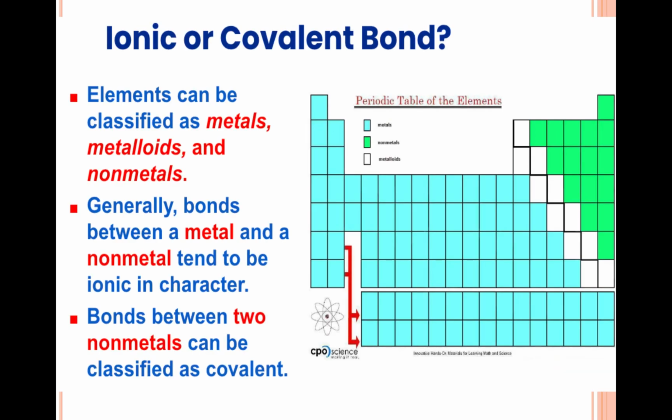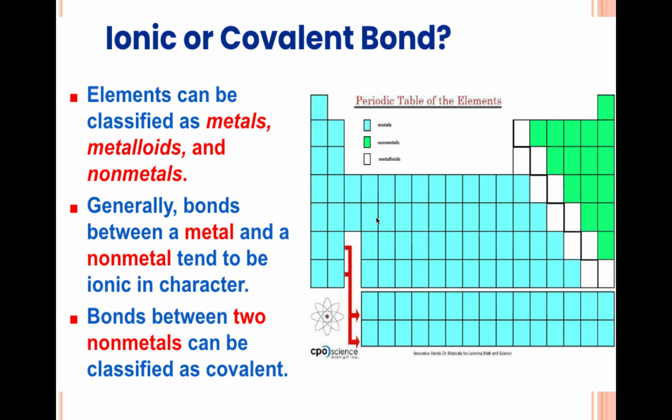All right, so we've already talked a little bit about ionic. Today we're going to talk mostly about covalent, but don't forget your periodic table here. Elements can be classified as metals, this light blue column; metalloids, which is the white, we're not going to really worry about much; and then the nonmetals, the green.